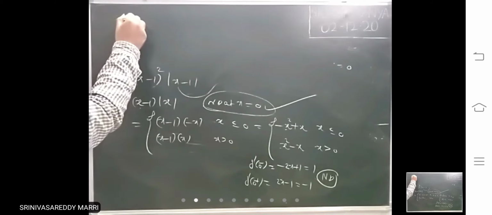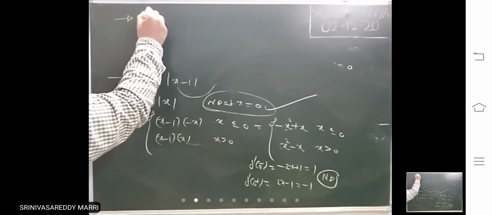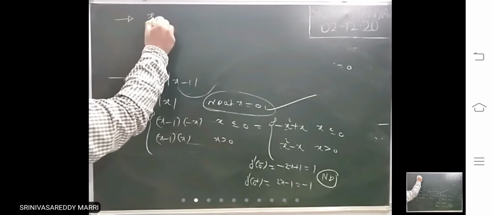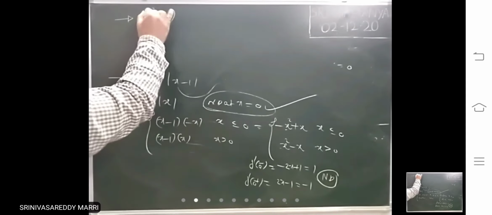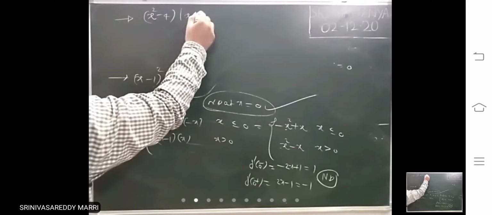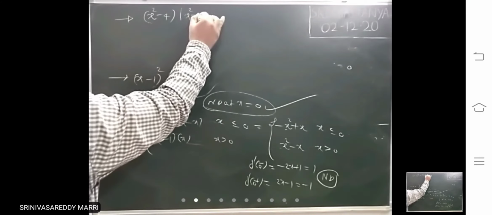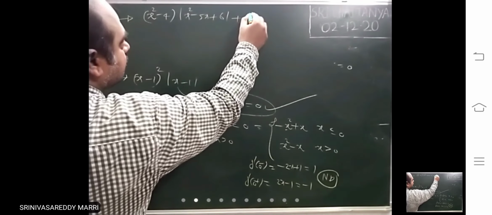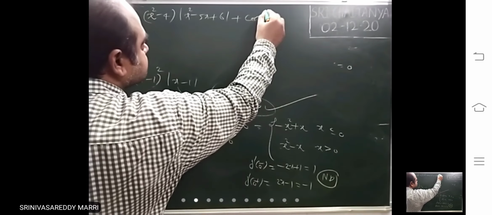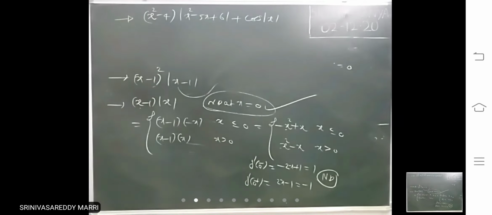Look at the next one. Suppose cos modulus x. Where it is not differentiable, you have to find the points.